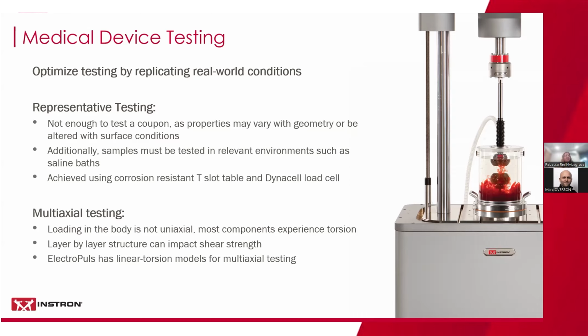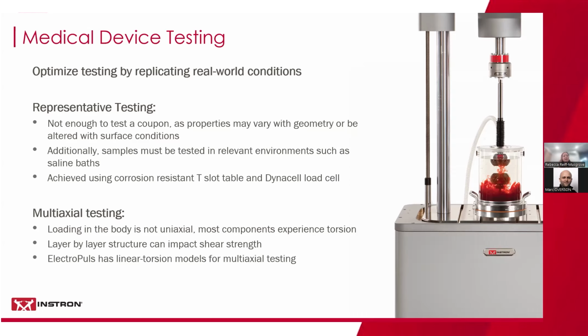So that's the representative size or coupon, but then there's also the representative environment. So again, we think to our body, it's not necessarily ambient air that we want to test things in, we might want to test in a saline bath. So at Instron, what we did is in all of our electrical systems, we make sure we have a corrosion-resistant T-slot table, which you can affix, and in the photo you can see here, you can affix a biobath to it to test in real world parts.